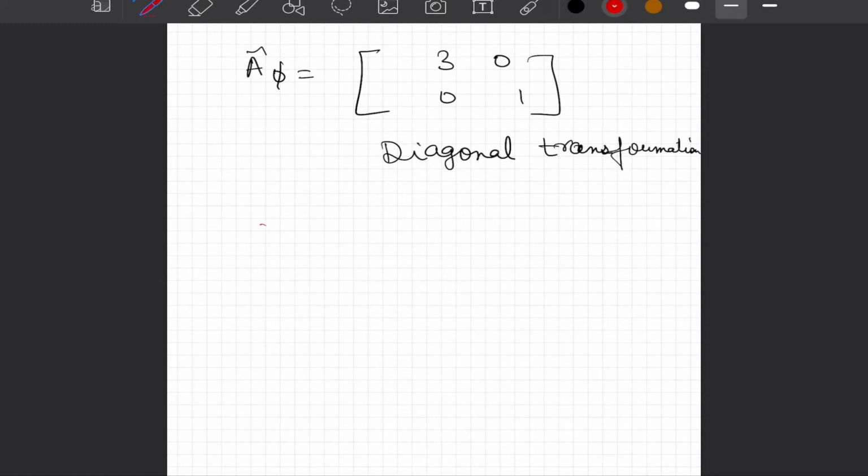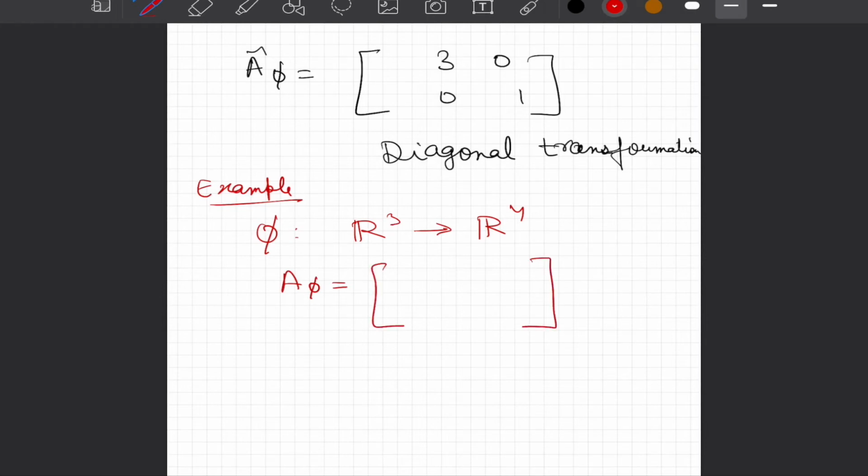Now let us look into another example where we have a linear mapping defined by phi, and this is our example 2, where we are going from R3 to R4. We know that in the standard basis the transformation matrix is given by [1 2 0; -1 1 3; 3 7 1; -1 2 4].